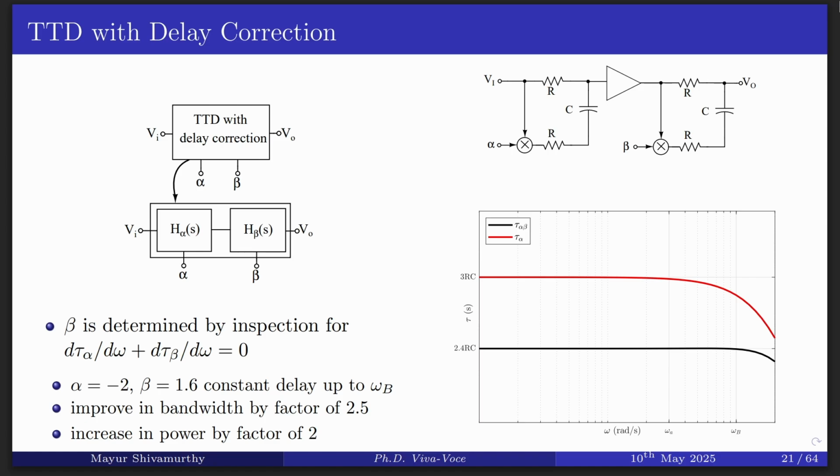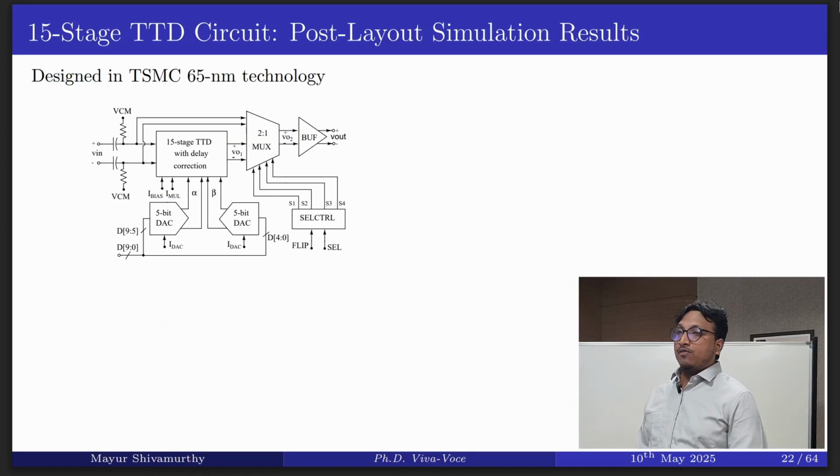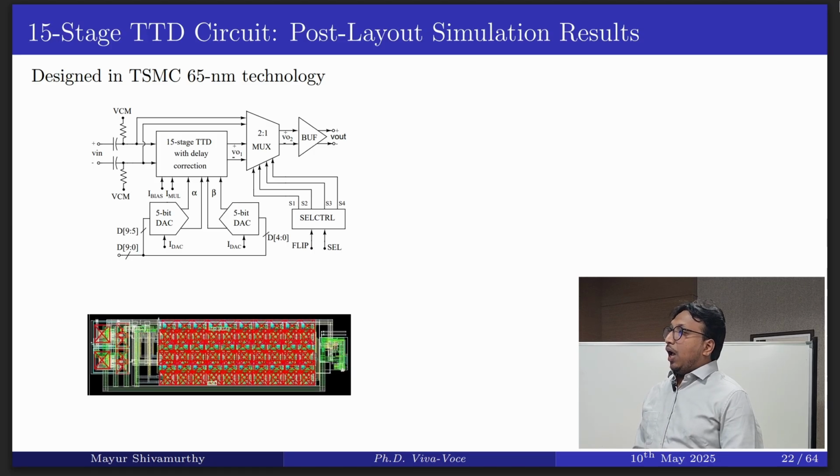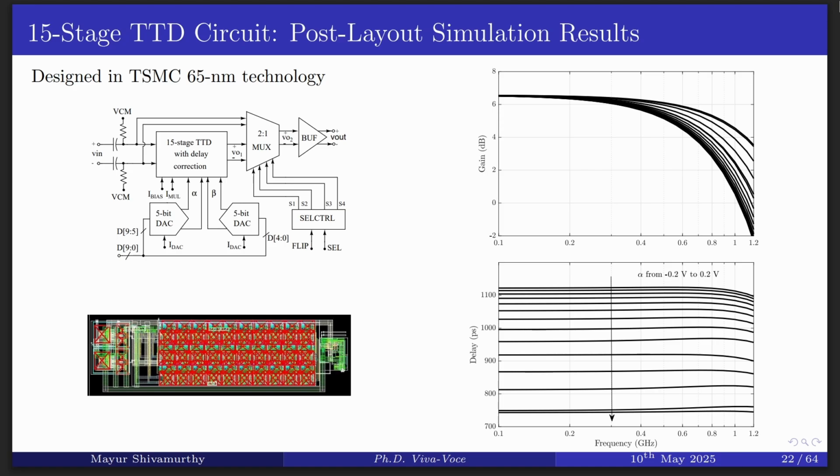Using this delay correction method, we have designed a 15-stage TTD which includes delay correction, and the post layout simulation result shows that the delay range of the TTD is around 400 picoseconds with a very minimal delay variation of plus or minus 5 picoseconds.